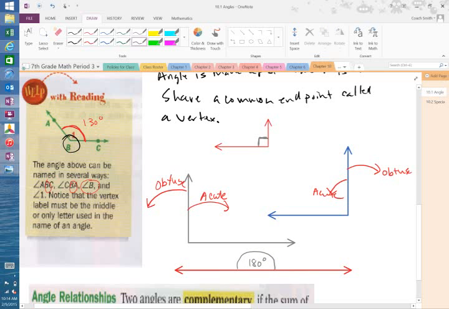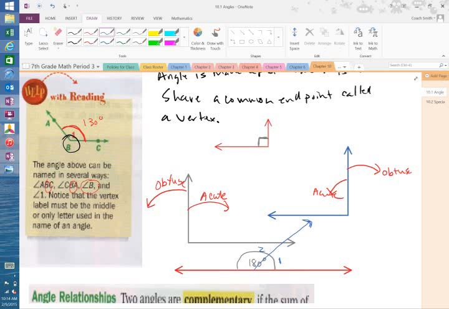So if I intersect that straight line like so, that forms two angles that must also equal 180 degrees. So those are the different types of angles, what an angle is, and how we name an angle.